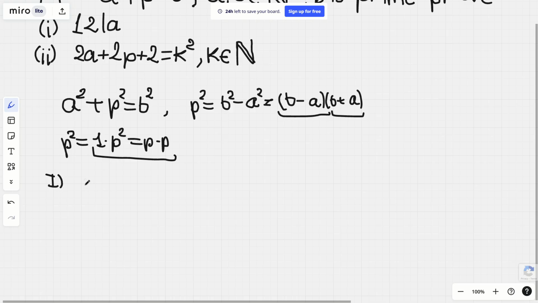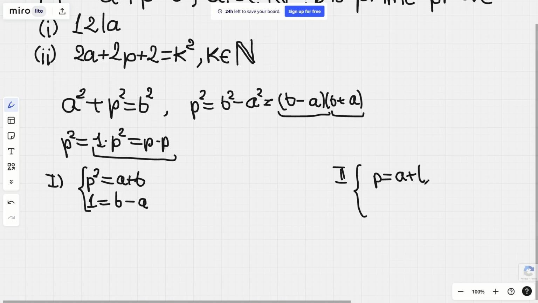So from here we can say that either p squared equals a plus b and 1 equals b minus a, or in the second case p equals a plus b and p equals b minus a.